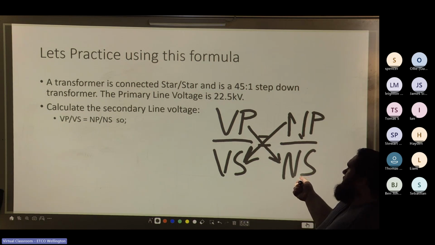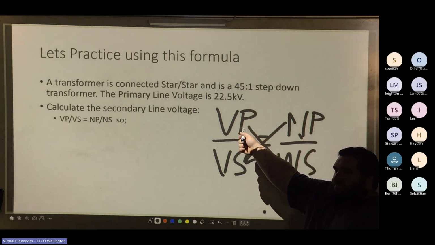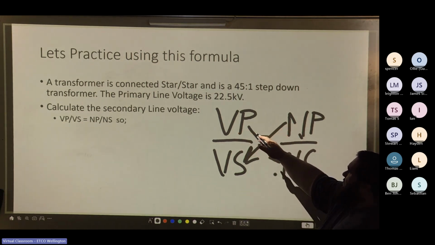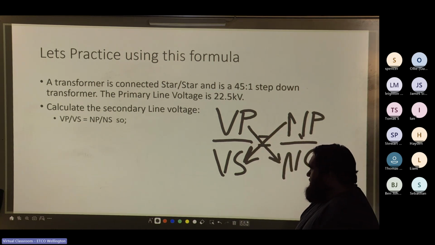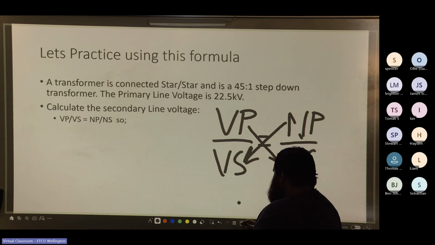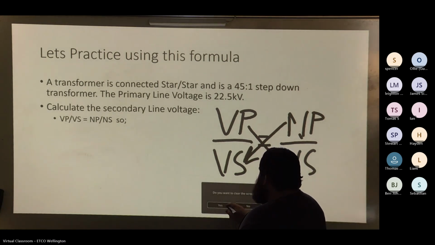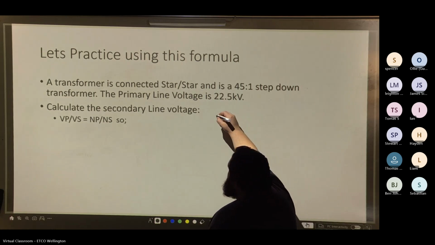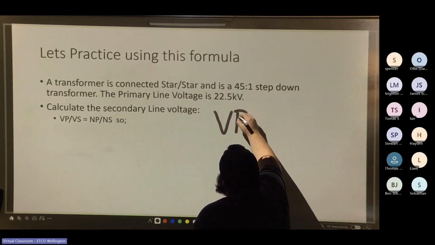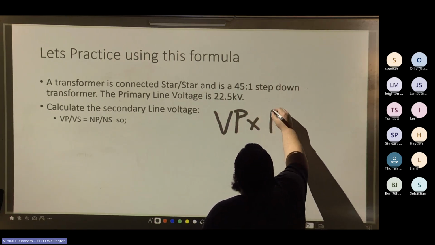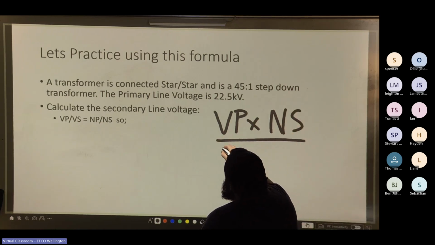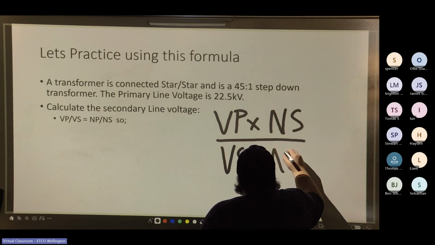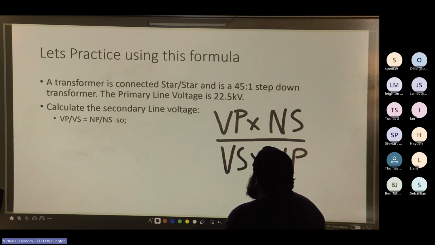We know this is 1, so if we multiply it by voltage primary, we get 22.5 kV. So the resultant formula is voltage primary multiplied by number of turns in the secondary divided by voltage secondary times the number of the primary.